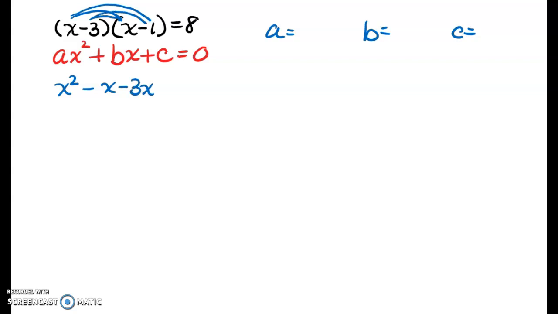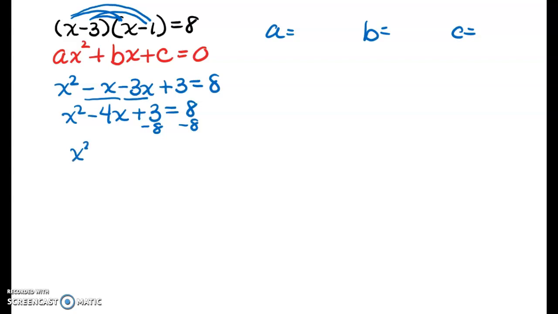And -3 times -1 is a positive 3. So when I combine like terms, I get x squared minus 4x plus 3 equals 8. But my equation still doesn't equal 0, so I need to subtract 8 from both sides. So I get this as my equation.